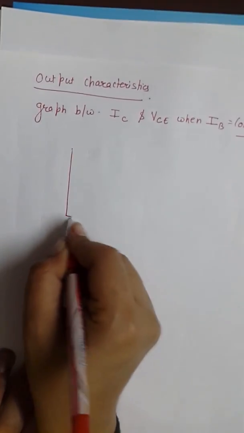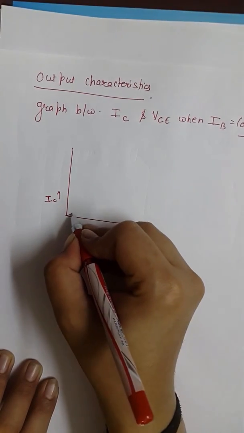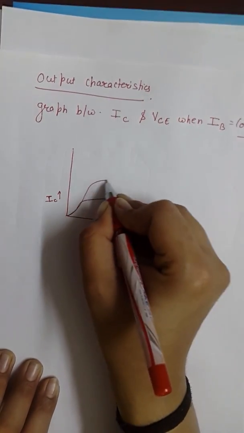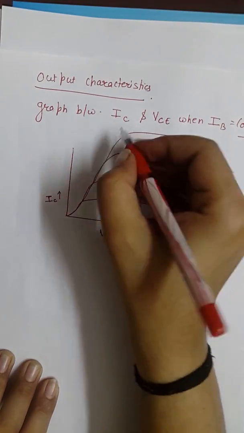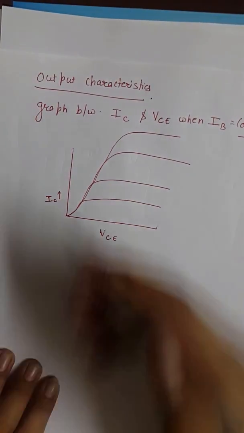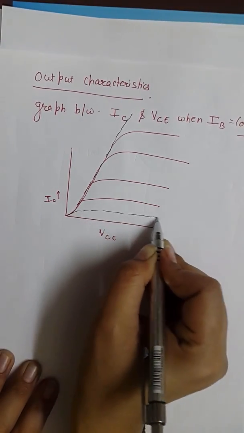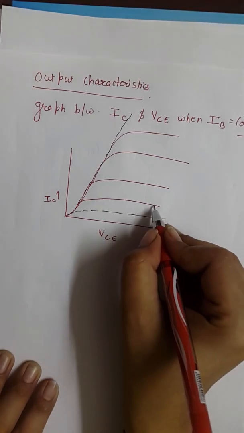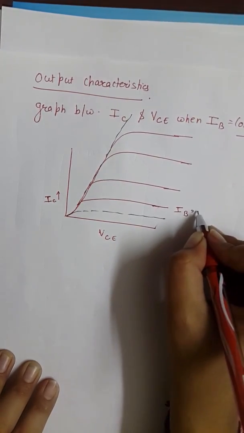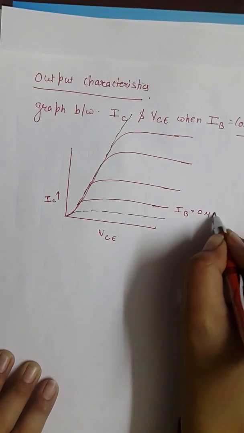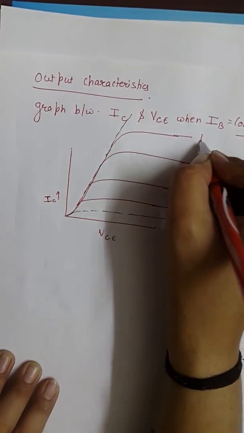So how we observe that the graph comes up of this form. This is my IC, this is my VCE. The graph is of this kind. Okay, this is IB equals 0 microampere, IB equals 40 microampere, 80 microampere and 120 microampere.